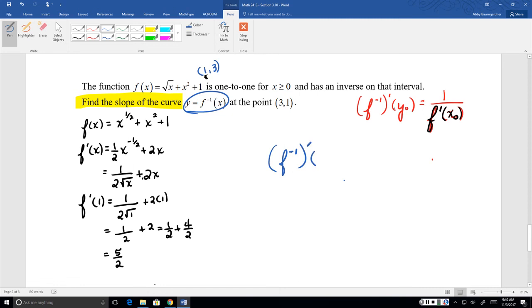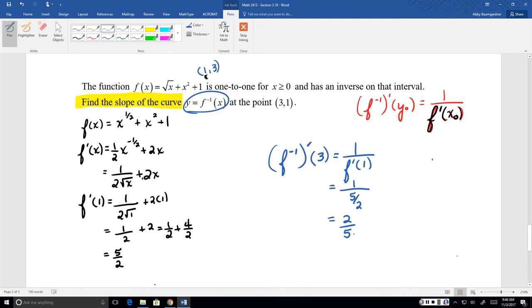So what number am I plugging in for y? Well, that would be 3. So f inverse prime at 3 is equal to 1 divided by f prime at 1, which we have just found to be 5 halves, and so that reduces to 2/5.